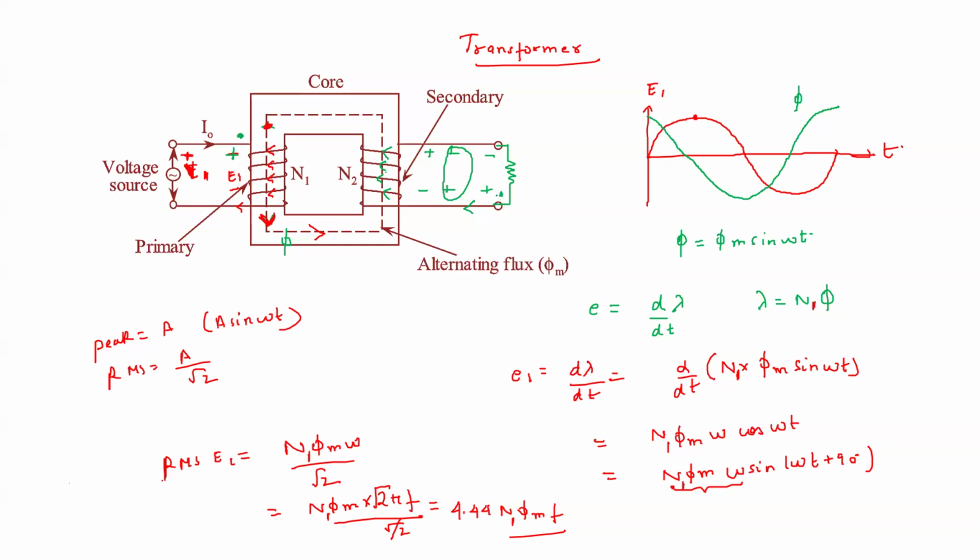We know that current leaves the positive terminal and enters the negative terminal. So if the current is like this, you will find that for this direction of current, the magnetic field is downward, right?